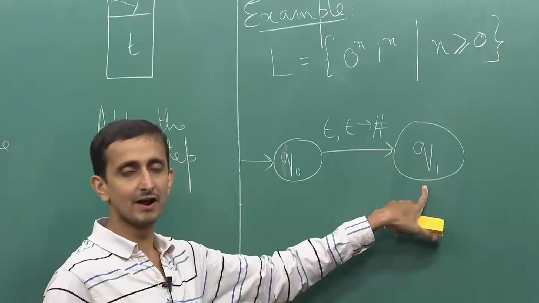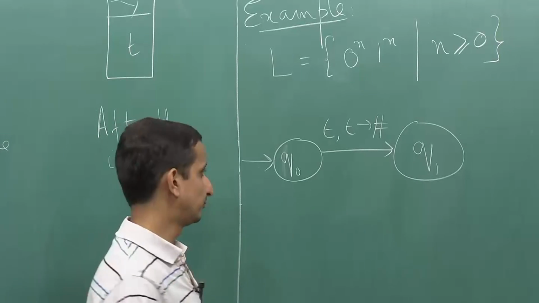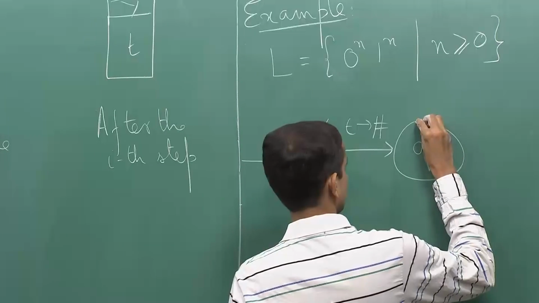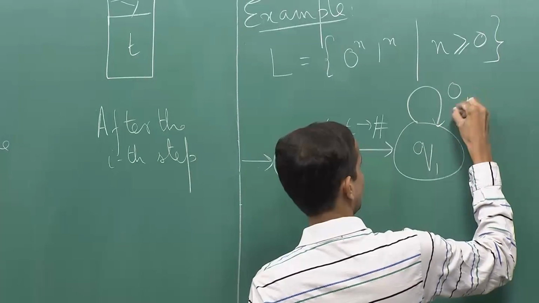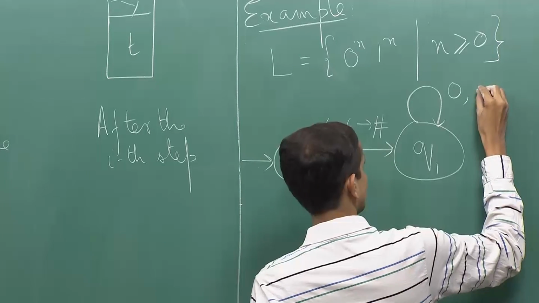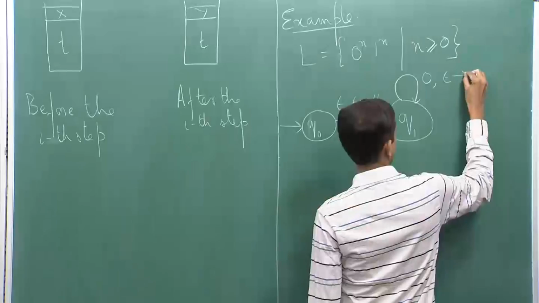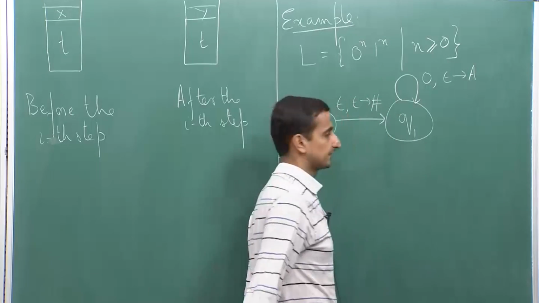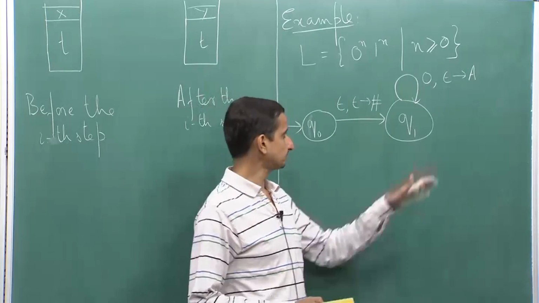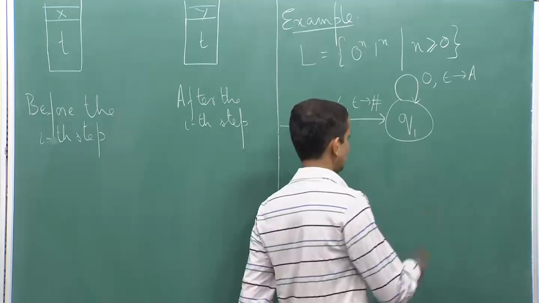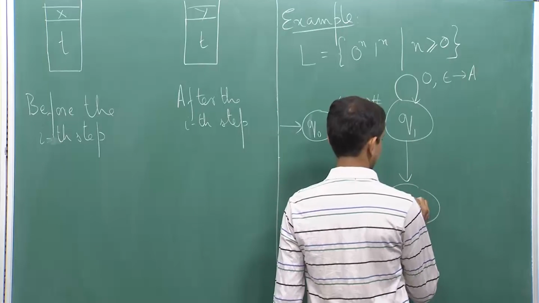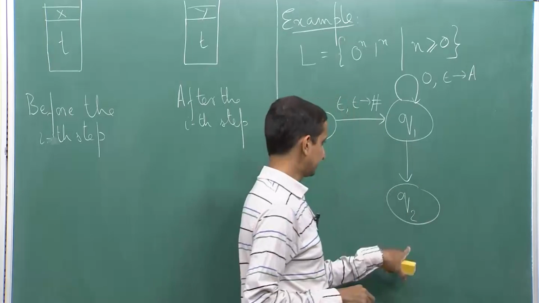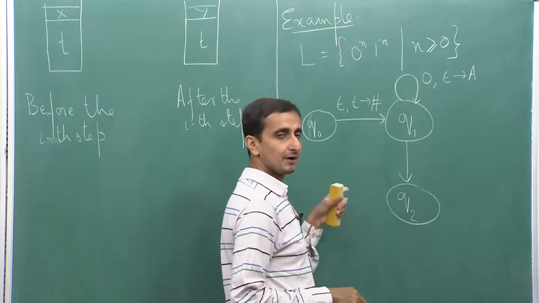We will use q1 to read 0 and push A's. So, on q1, if I see a 0, I will push an A onto the stack. Now, from q1 I go to a state q2, which I will use to pop out A's.